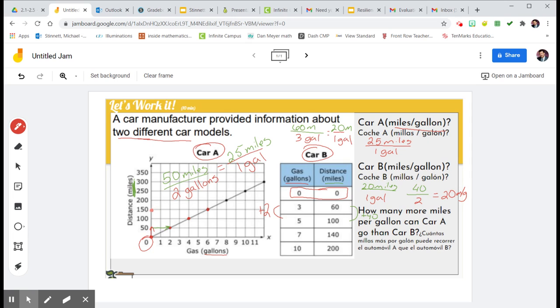But if this had started up here and went like this, then we would have to figure out a lot of information about this 150. Where if you just do it this way and find the change between the numbers on each side and then divide them, you never have to worry about that. It could start at any amount and it'll still give you correct information. Okay? All right. So thanks a lot.